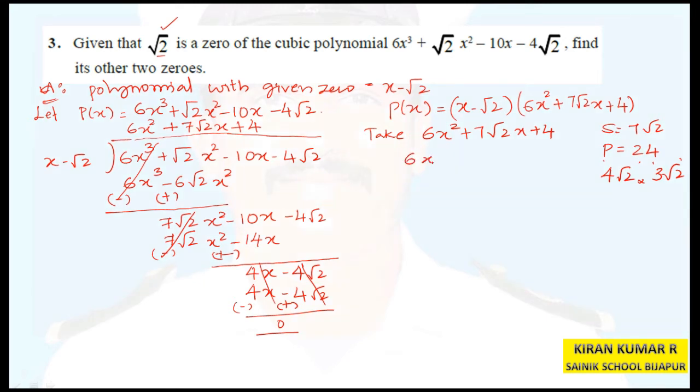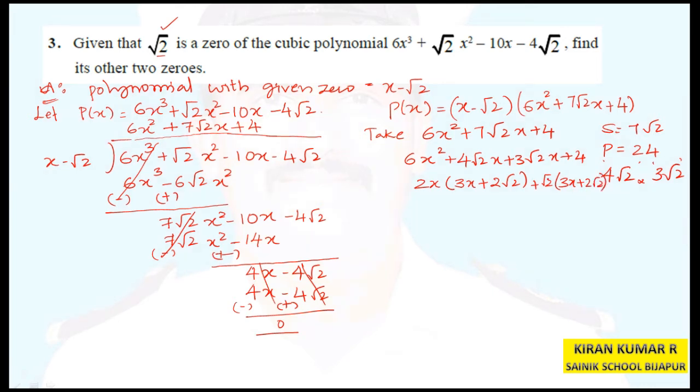So I will write this as x squared plus 4 root 2x plus 3 root 2x plus 4. Group them and take common factors. We take x as common. I will be getting x plus 2 root 2, plus here I will take root 2 as common. I will be getting 3x plus 2 root 2.